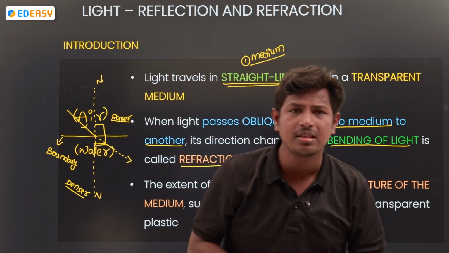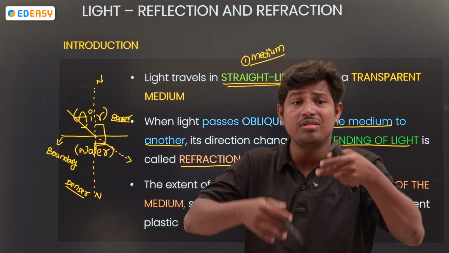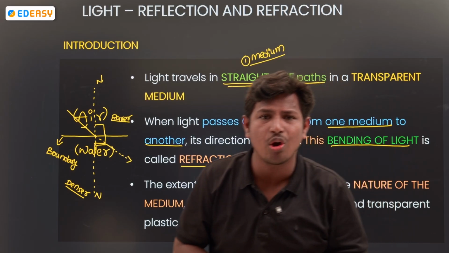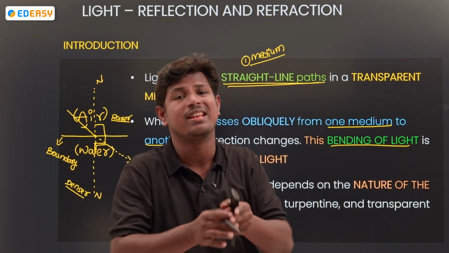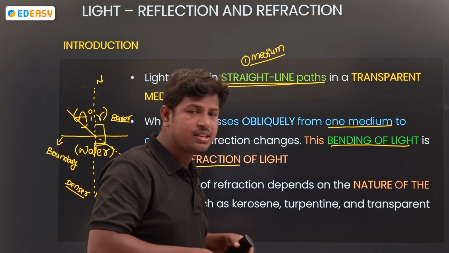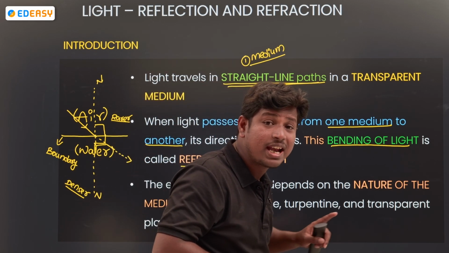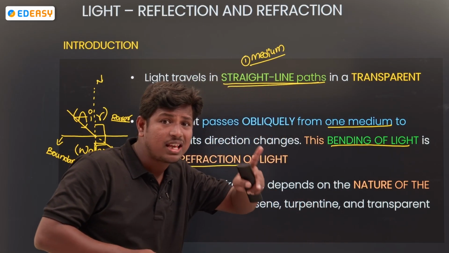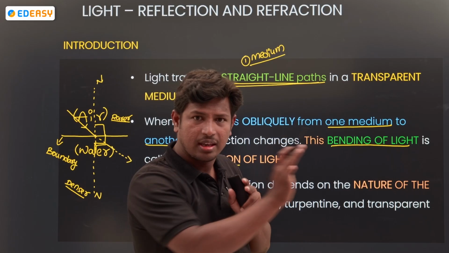Rarer medium means where the light goes fast. Where the light goes slow, that is called the denser medium. Rarer means moving very fast.